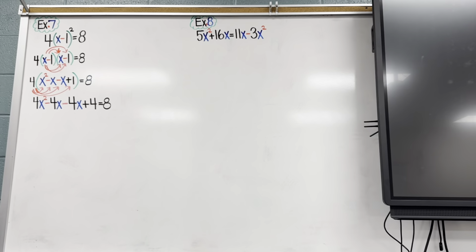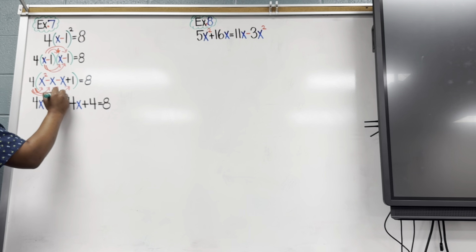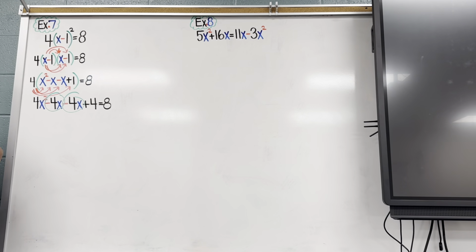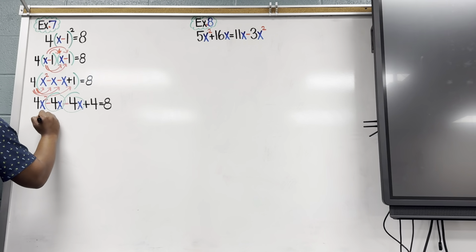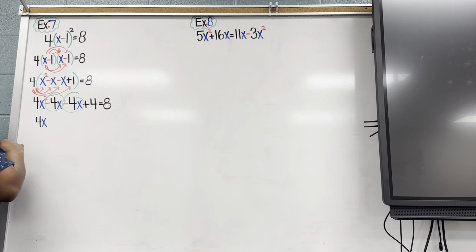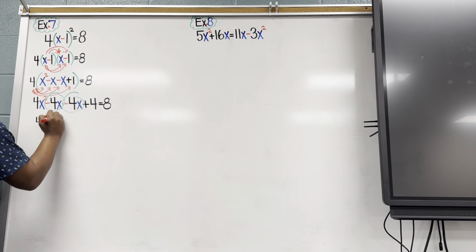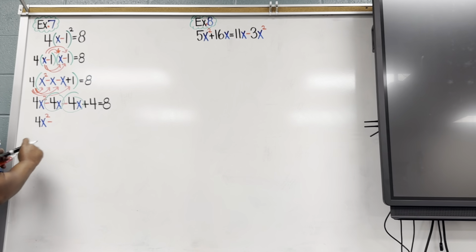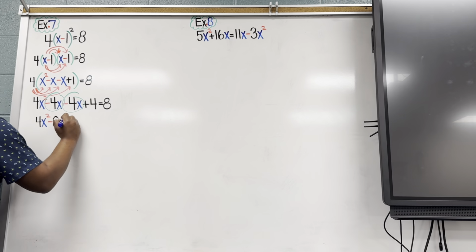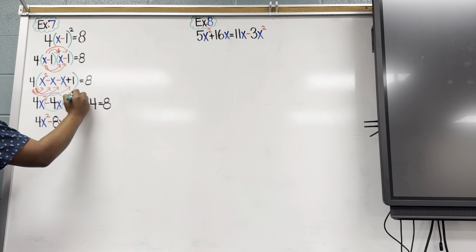Now we need to combine like terms. I can combine this negative 4x with this negative 4x, which equals negative 8x. So now I have 4x to the second power, minus 8x, which was these two, so I can cross those out.